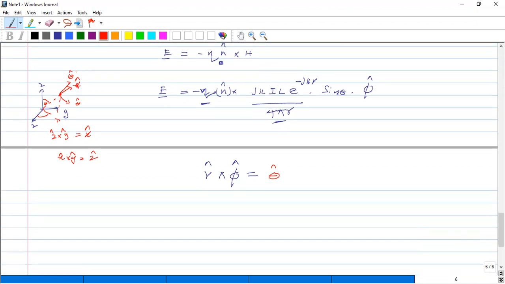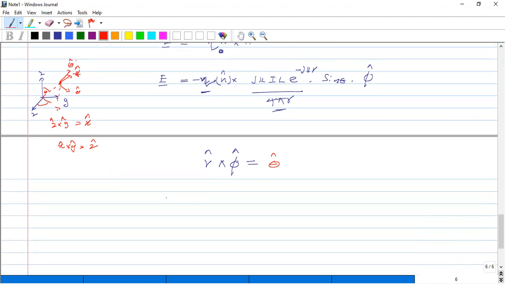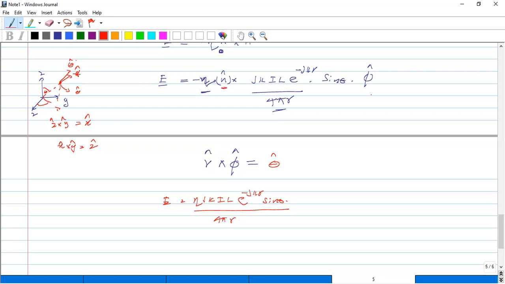Okay, so you can get E is equal to neta jk Il e to the power minus jkr sine theta divided by 4 5 r. 5 hat cross n hat, that means 5 hat cross r hat, that is nothing but theta hat.